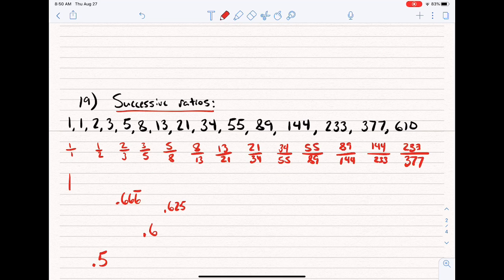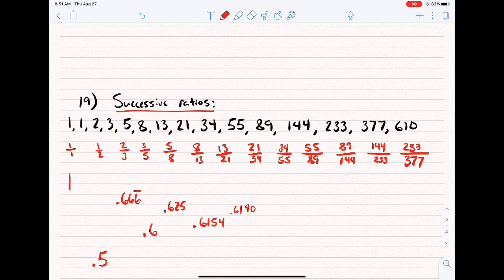And 8 divided by 13, well, it's a pretty long and ugly decimal, but I'm going to give you the first few of it. It's 0.6154. We'll round up a little bit. And then 13 divided by 21 becomes 0.6190. And I don't know if you guys see what's happening, but we started with 1.